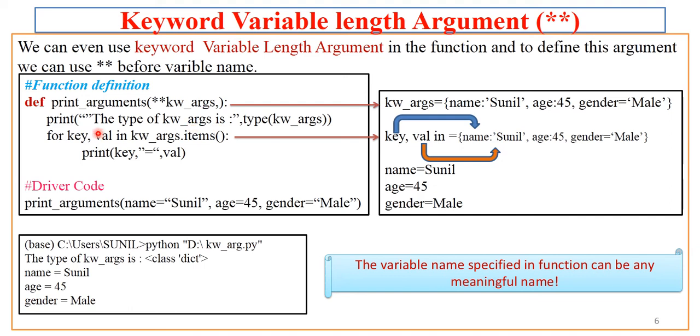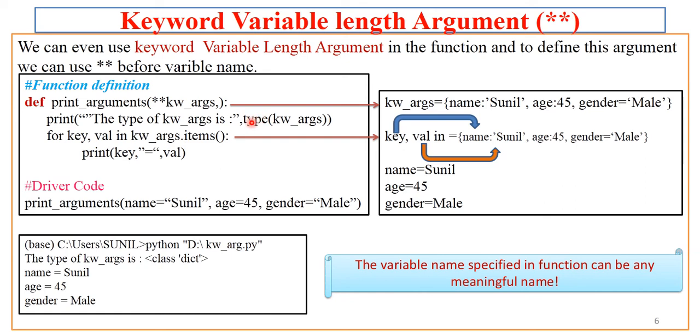Now let us focus on the execution of the for loop. Here it is for key, val in kw_args.items. Basically the items, that means the elements of this dictionary, are fetched in one shot using the items method of the dictionary collection. What is the type of the variable kw_args?